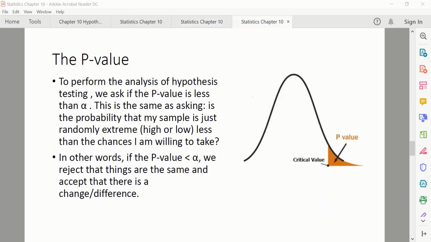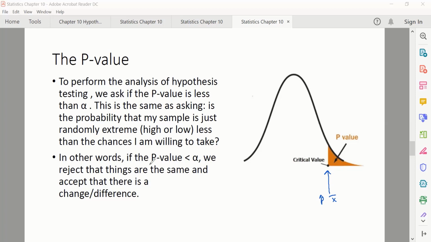So to perform the analysis of the hypothesis testing, we ask if the p-value is less than alpha. If the p-value is less than alpha, then my p hat or my x bar is far enough away.